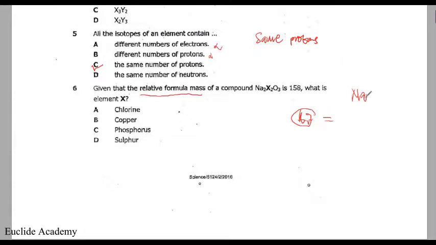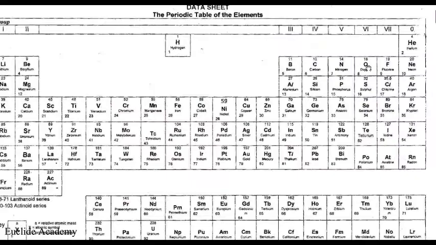Okay, so we come back and we know that for sodium the relative atomic mass is 23, and we have 2 of those, so it should be times 2. And then for X, which of course we don't know, we'll just say it is X times 2, which is 2X. And then we have oxygen, and from the periodic table it should be 16.